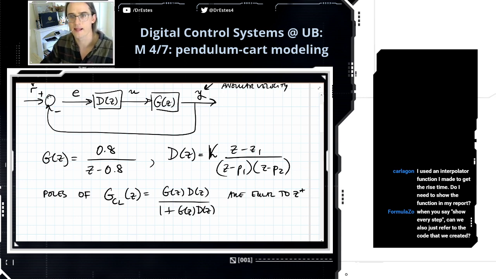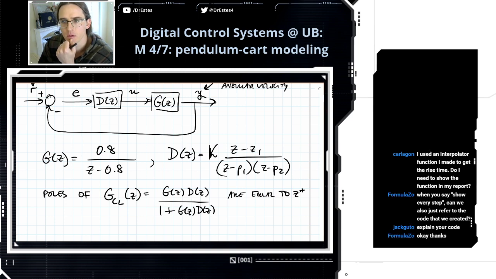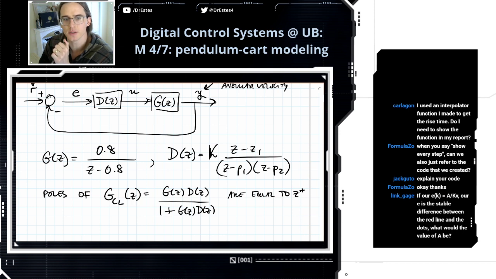I used an interpolator function I made to get the rise time. Do I need to show the function in my report? Yeah, just explain it. When I say show every step, can we also just refer to the code that we created?